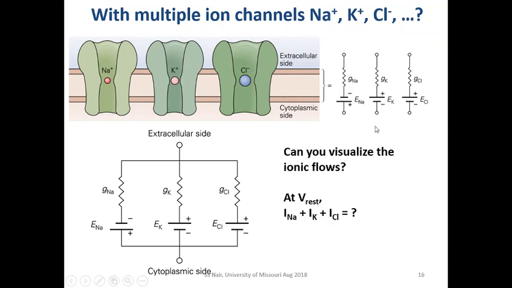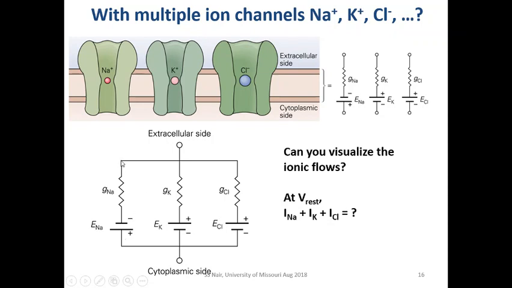So if you look at this, can you visualize ionic flows? That's what we have to get to. But how do you put this together first? Remember that all of these are at the same potential. This is the extracellular side, this is the intracellular side. So this schematic is how you put it together. This is the extracellular side, all at the same potential, and this is the intracellular, or cytoplasmic, side, again at the same potential.